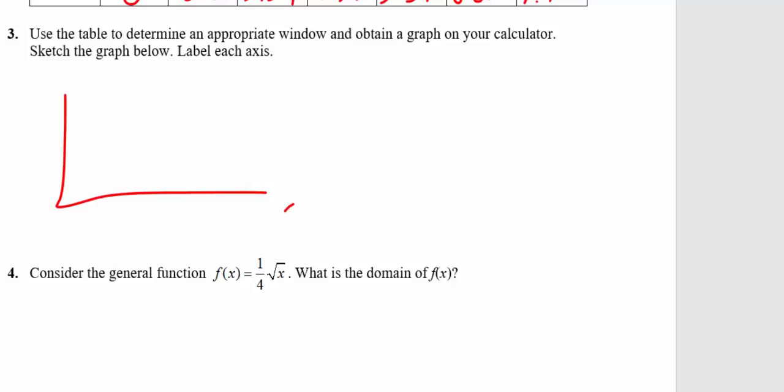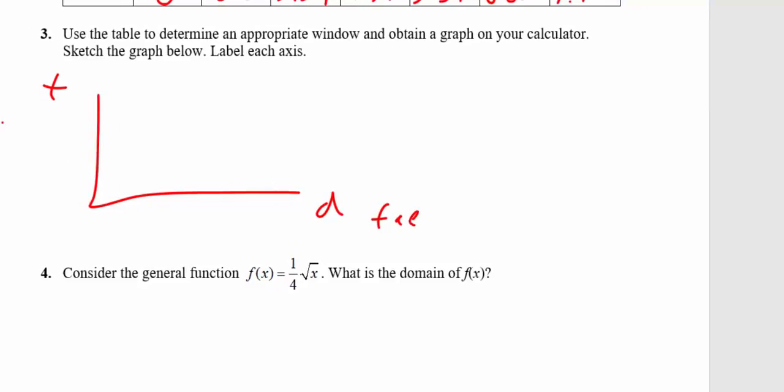This is my D, and this was my T. And this was in feet, and this is seconds. And then the graph did something like this. And again, hopefully you can draw a better graph. I'm using a touch screen, so as you can see, mine's a little sloppy. Okay, but those are my axes, labeled.